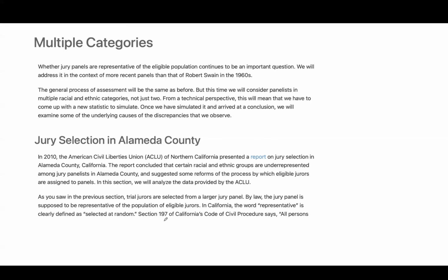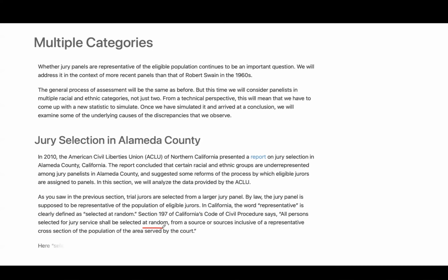Section 197 of the California Code of Civil Procedure says that all persons selected for jury service shall be selected at random from a source or sources inclusive of a representative cross-section of the population of the area served by the court. Here, selected for jury service means being selected to be on the jury panel.